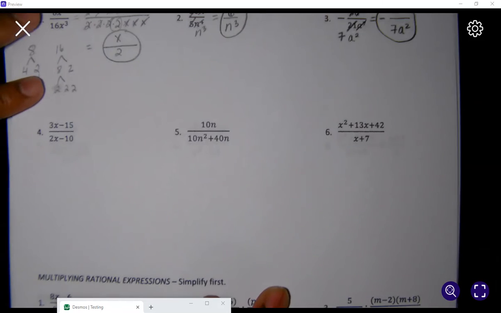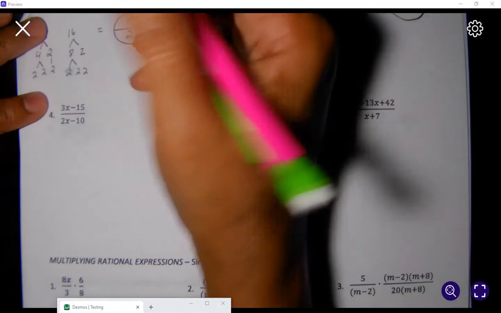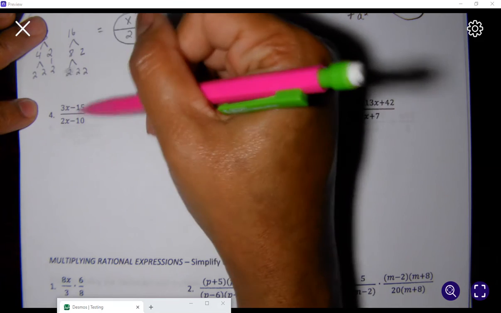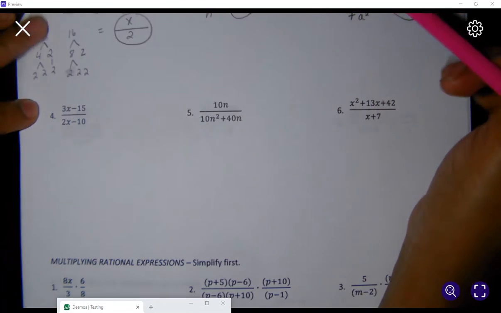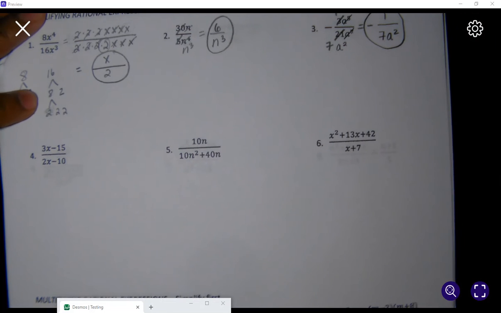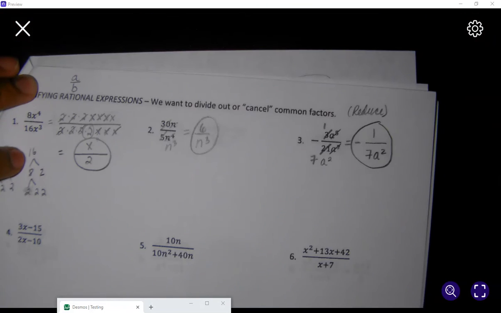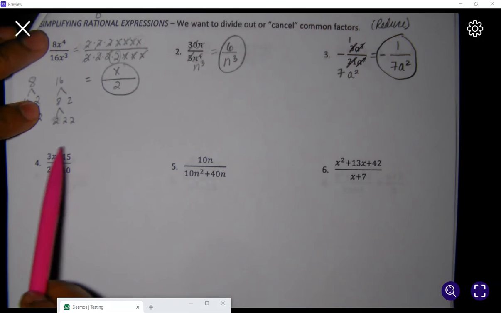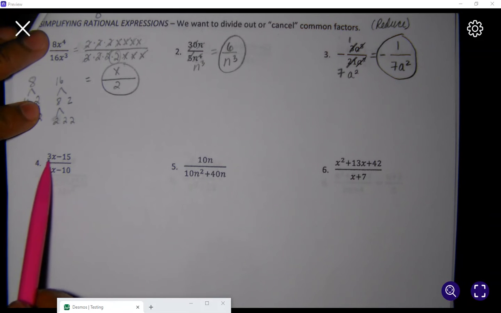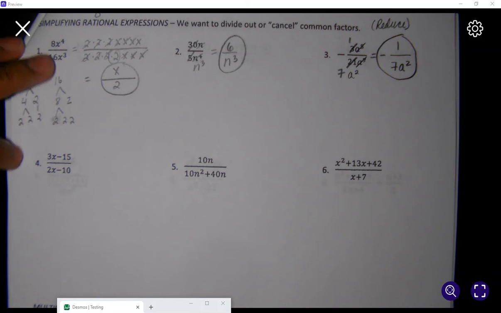Now this one, I'm not able to just cancel stuff out, because I can only cancel out common factors, meaning something that's being multiplied to the whole thing, multiplied to this whole thing over here.